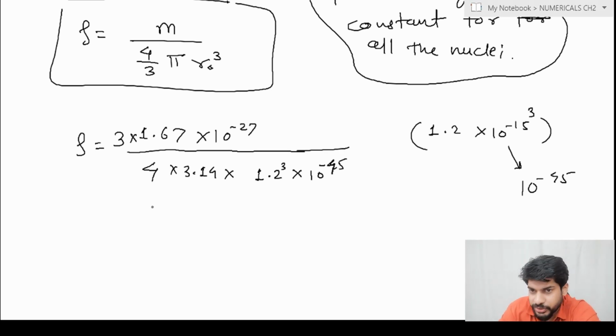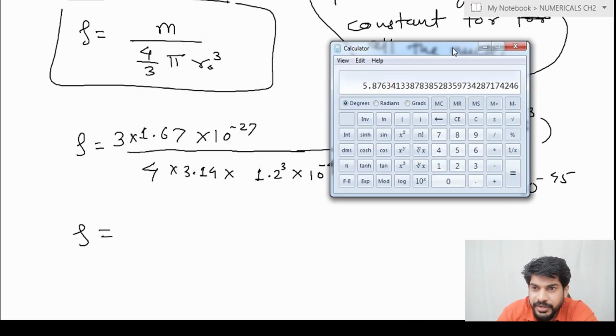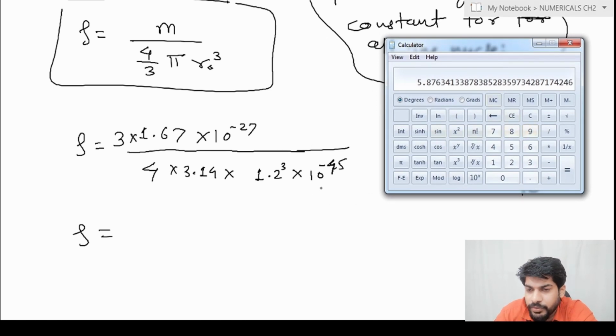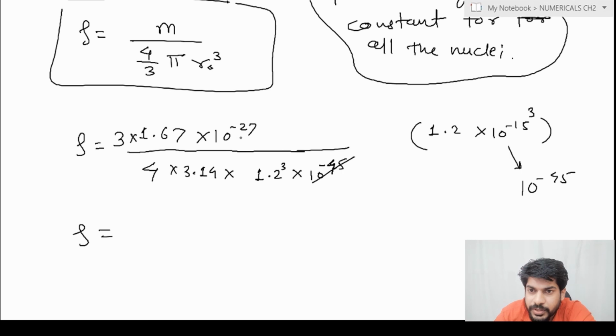So this is what it becomes. I hope this is clear. Now we can calculate what this can be. So let's use our calculator. One thing we can do is first of all cancel these terms. 10 raised to minus 45 minus 27. Now what will prevail here is 10 raised to 18, I guess.